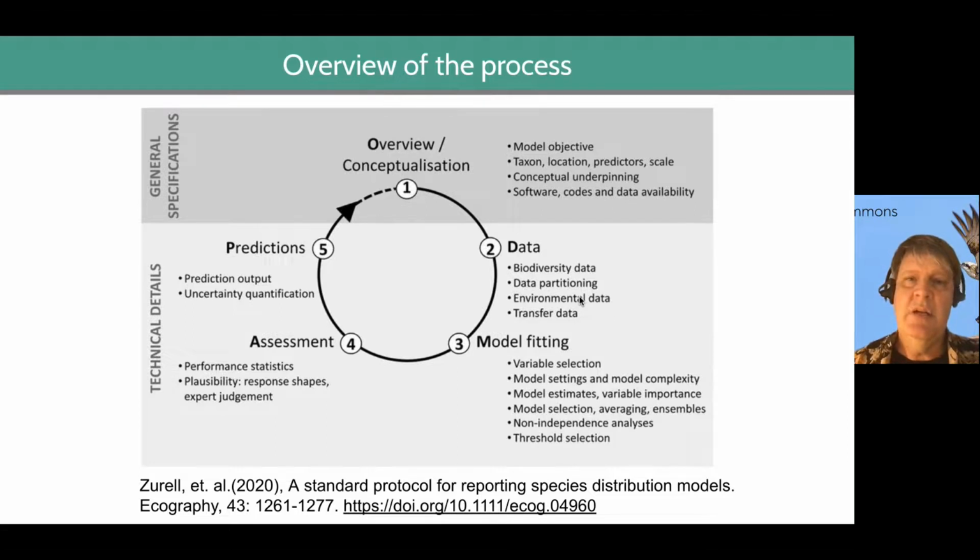I mentioned this at the beginning of each video, but it's a great paper highlighting the process, all the different things that you need to think about when you're doing a species distribution model. Highly recommend that you read this. But today we're going to just talk about some of the code and some of the things to think about when you're looking at your environmental data.